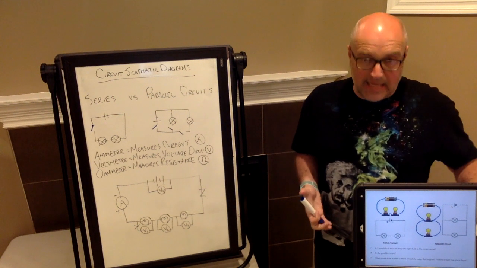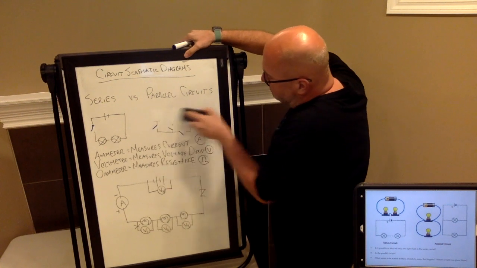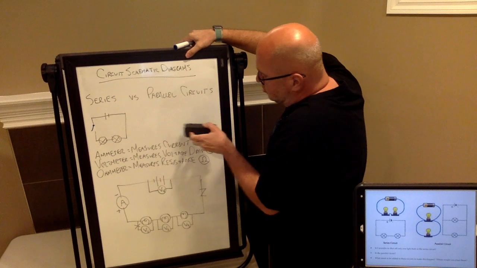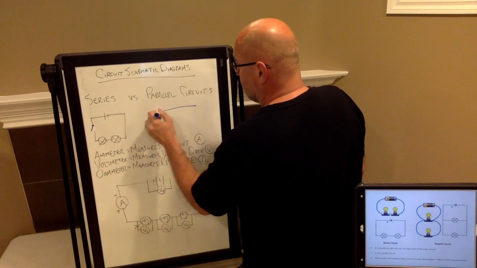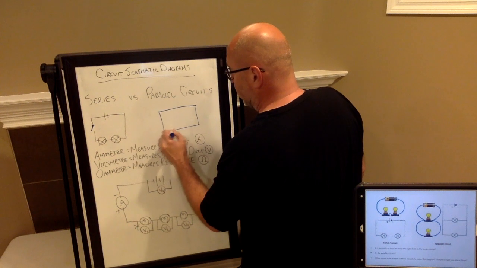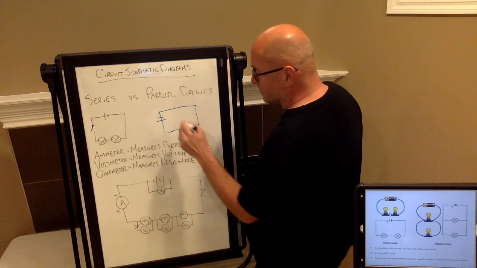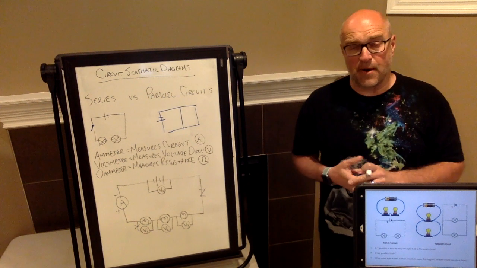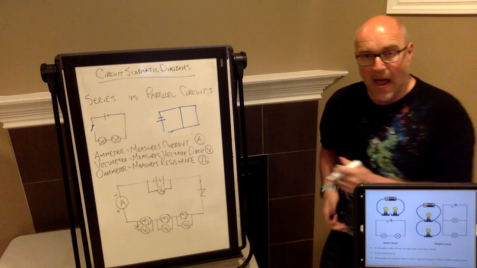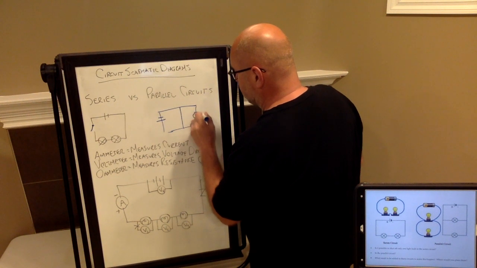However, I can have combinations of both. For example, I could draw a circuit that is both parallel and series. So for example, if I drew this configuration here, let me just draw there's my cell. I would see a line like that, and right away you're thinking, well, this is going to be a parallel circuit. Perhaps. However, here's the trick.